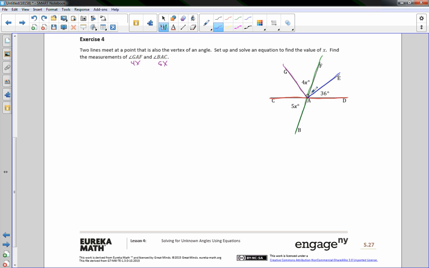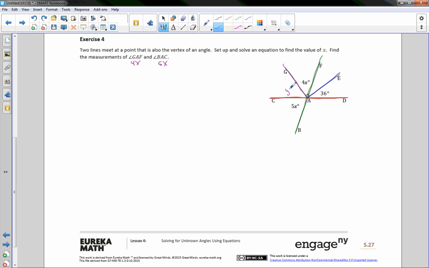So if this is 90 degrees, and this is 4x, we need to know what this is. So 4x plus something we don't know will not help us. Okay, so do we have any vertical angles here? Let's take a look.